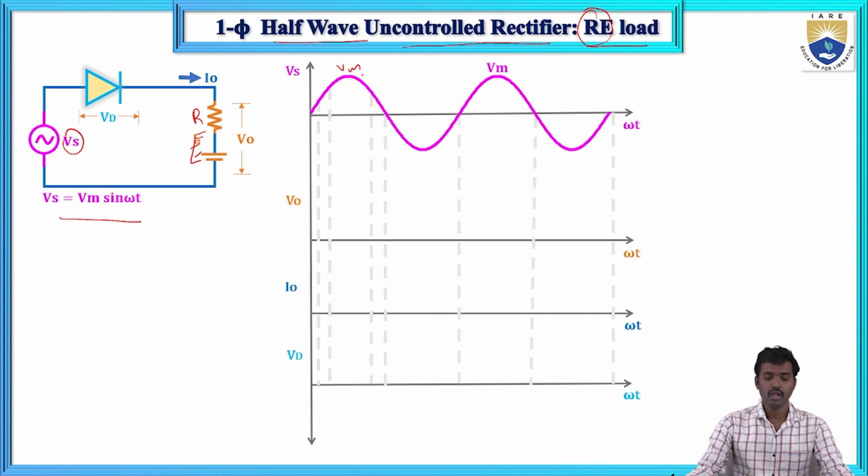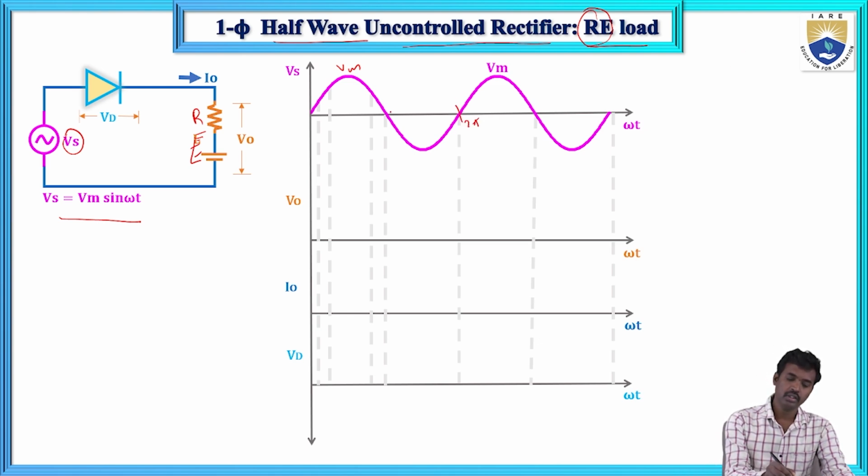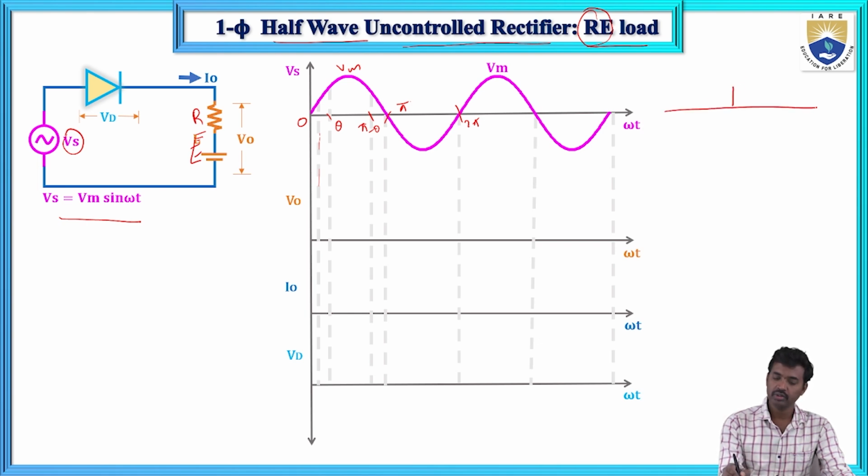Now I am dividing the range up to 2 pi. Here is pi, pi minus theta, and theta. So from 0 to 2 pi I am dividing into different parts.